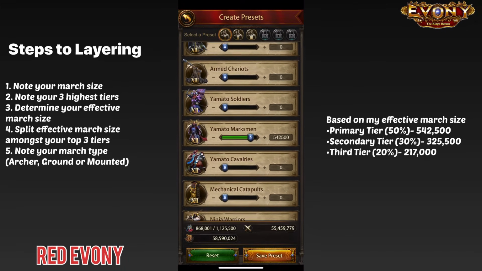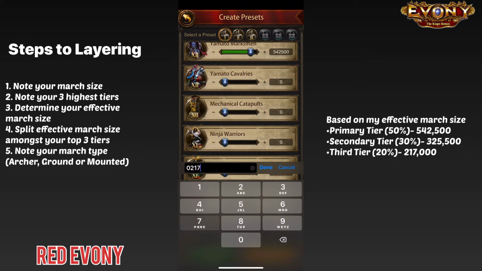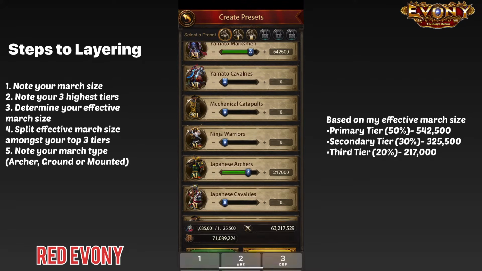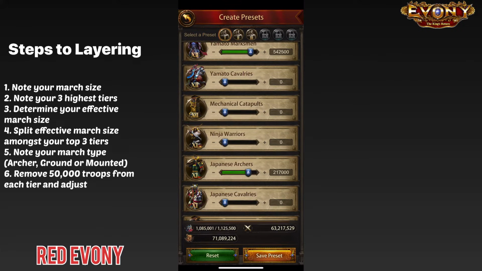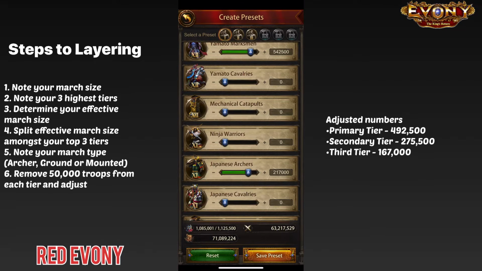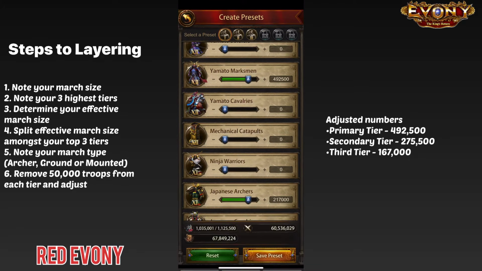Finally, the third tier is T11. We come to our T11 archers, put those numbers in as well. Okay, that's good. Now, for each of these tiers, we take away 50,000 troops, and we adjust the numbers accordingly. Starting with the primary tier again, we adjust the numbers like that.